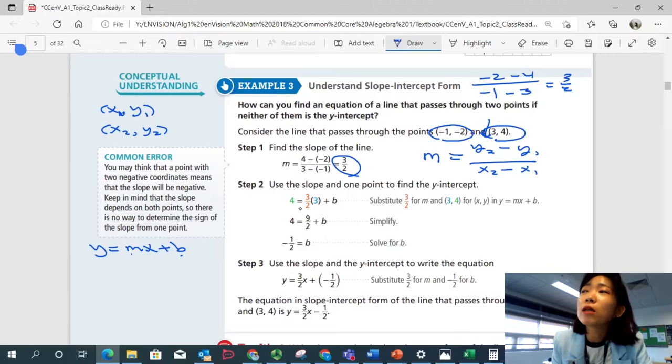But the textbook chose (3, 4) because they're positive numbers and maybe it's easier to deal with. So you're going to substitute the x and y temporarily. This is not your equation of the line. You're just substituting it temporarily so that you know what b makes this equation true.